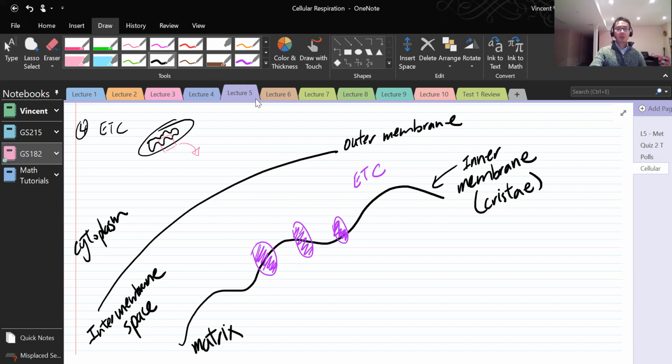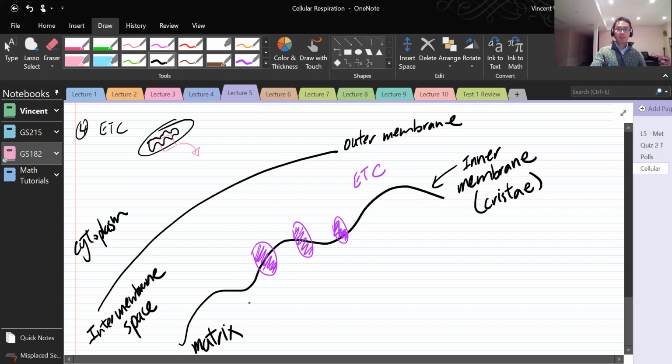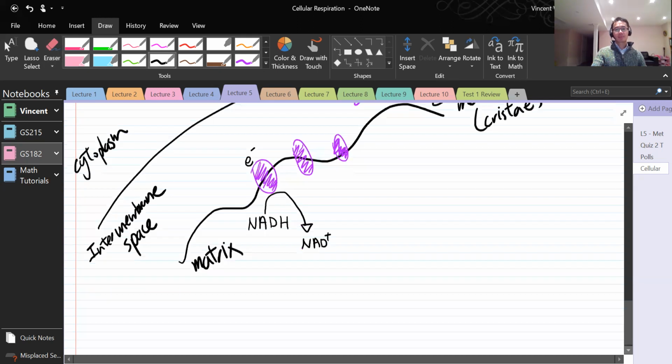From step 2 and step 3, we created a bunch of NADH and FADH2. So the NADH will come to the first protein in the electron transport chain, and it will deposit the electron. Remember, the electron is like the passenger. Drop off the passenger, and now it will become NAD plus again. So NADH is oxidized back into NAD plus.